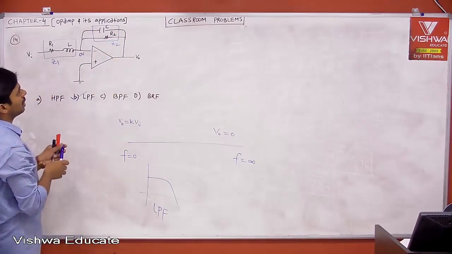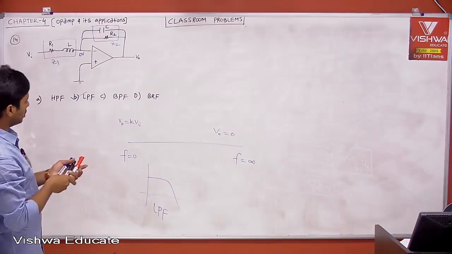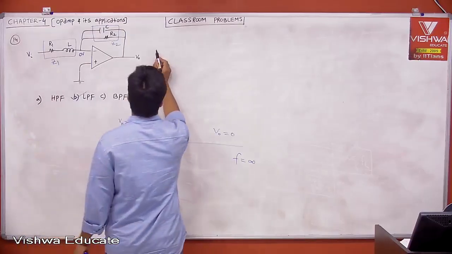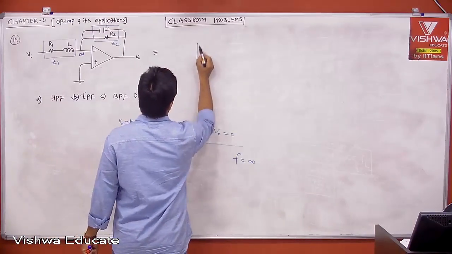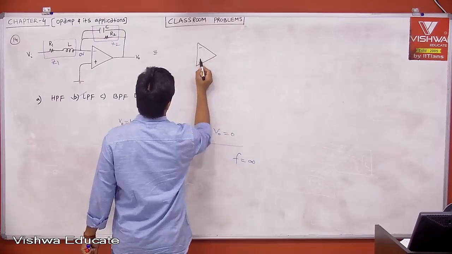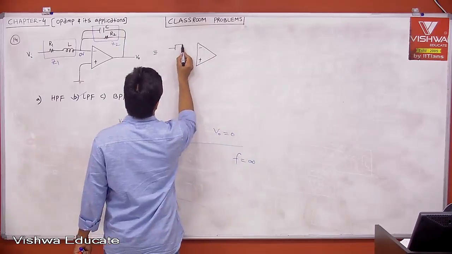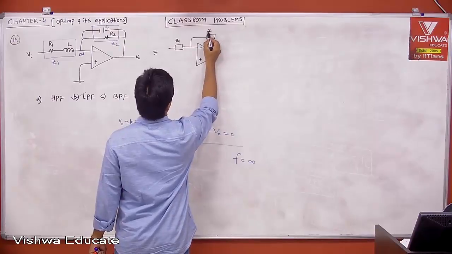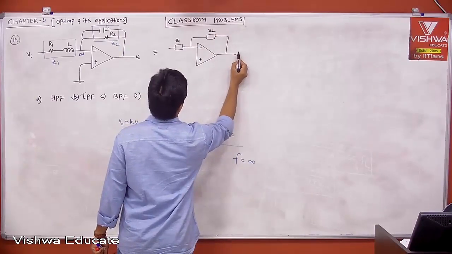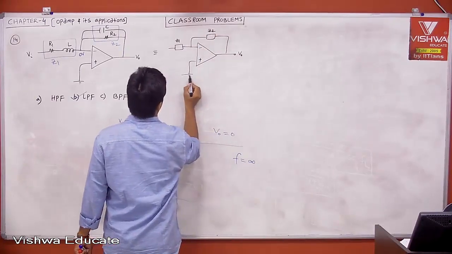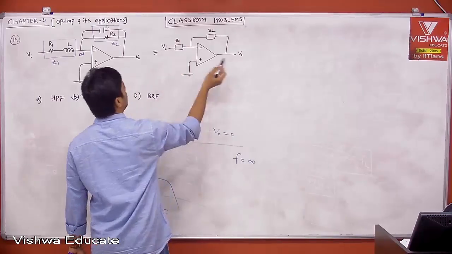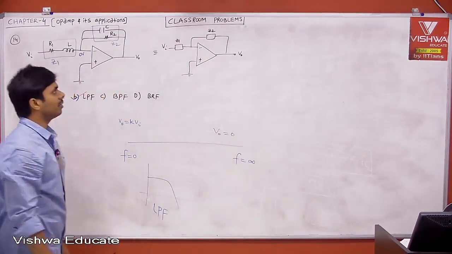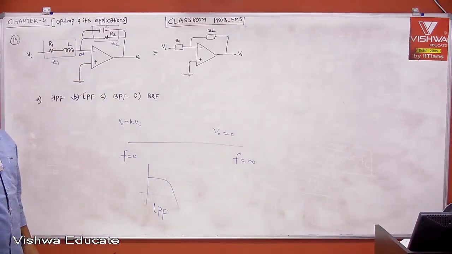Now no need to apply nodal analysis, basically you'll get it, right? This is equivalently represented as an op-amp with minus and plus terminals, this is Z1 and this is Z2, this is V0 and this is Vi. Then what is V0 by Vi? It is nothing but an inverting amplifier, right? Minus Z2 by Z1.